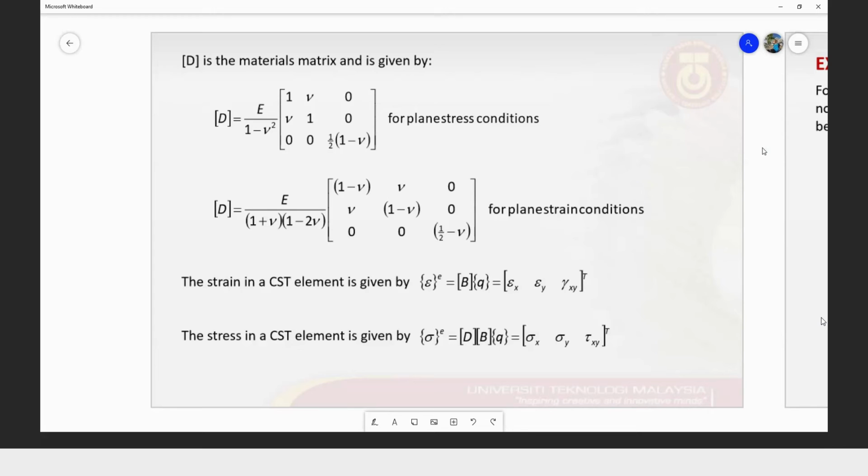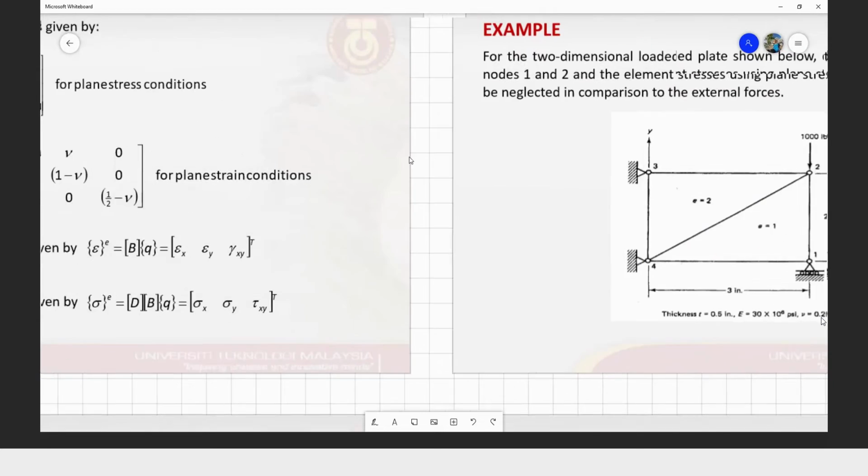So we as engineers have to be able to evaluate the structures and the loads applied to them, and whether our structure is subjected to plane stress or plane strain condition. We have discussed this in the previous meeting.